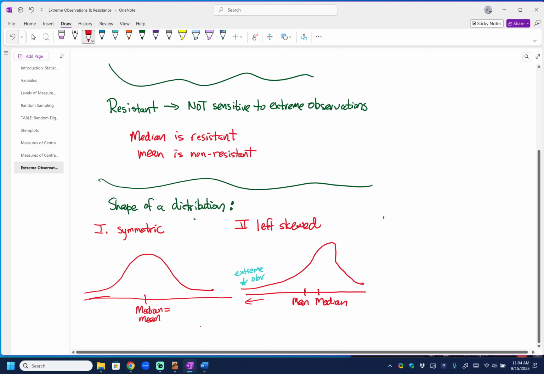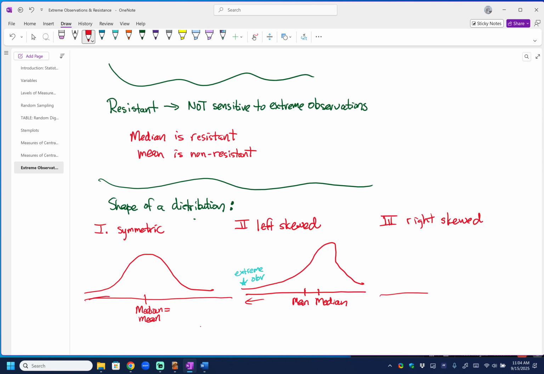Looking at our last shape, right skewed. So that's going to look something like this, right? So again, the median is going to be towards the center of the distribution, near the peak, but a little bit in. But our extreme observations are going to be located this time in the right tail.